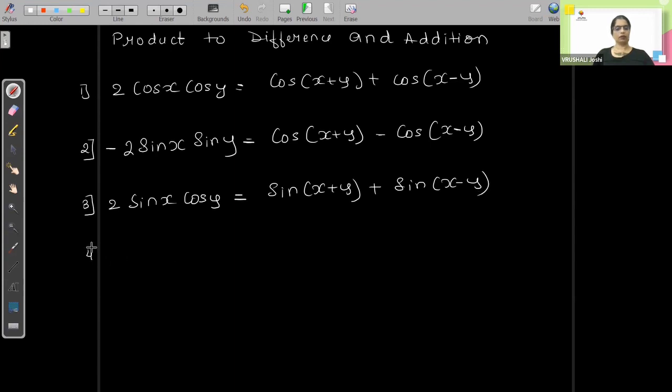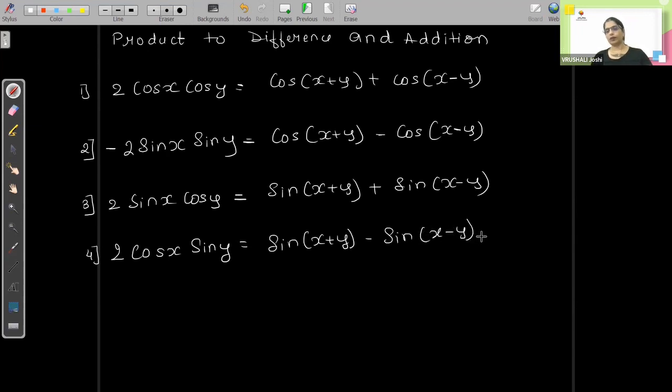And fourth one we have, this is equal to 2 cos x sin y is equal to sin of x plus y minus sin x minus y. Correct? I hope you guys are getting it. You will have to learn these formulas. As I said, you don't have option 2, you have to learn them. How? Either adopt my method here or find your own method, but you will have to do it.